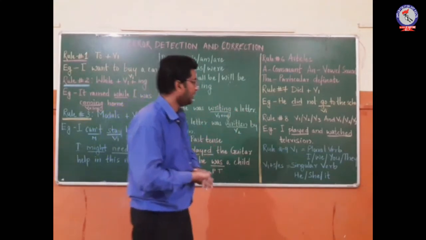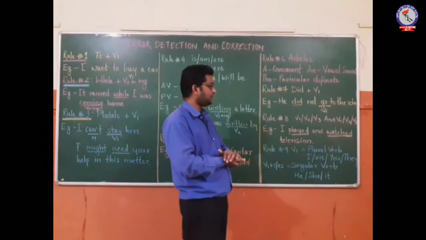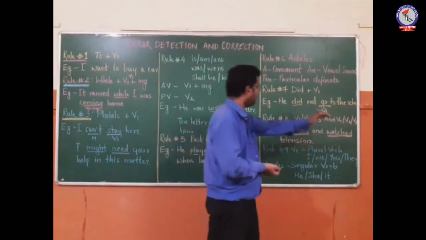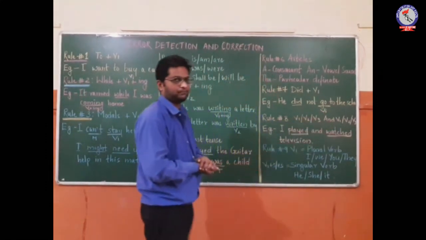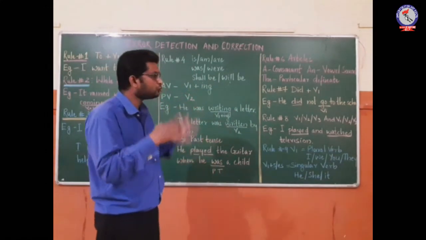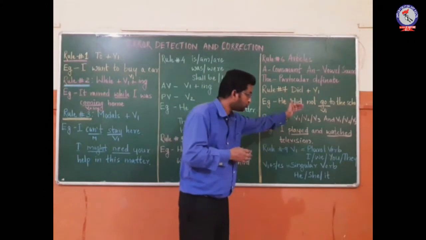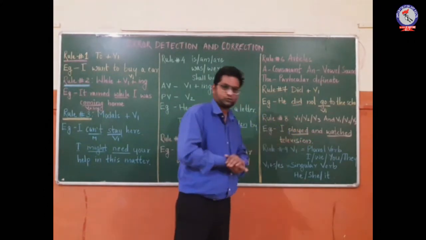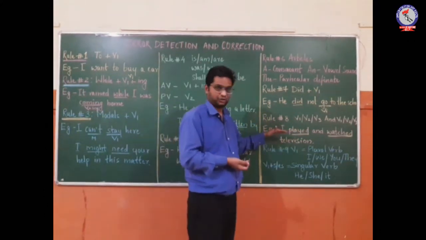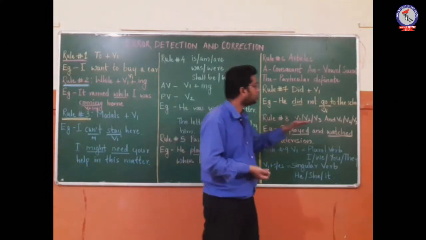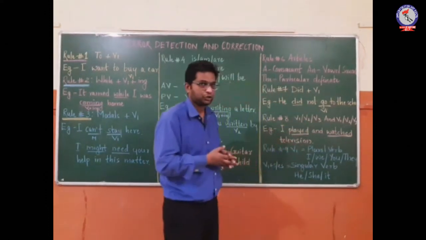See an example. I played and watched television. Now here two actions are joined using the conjunction and. I played and watched television.